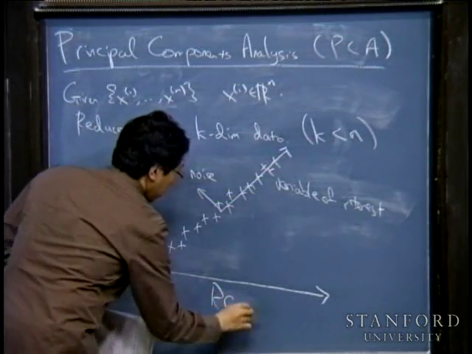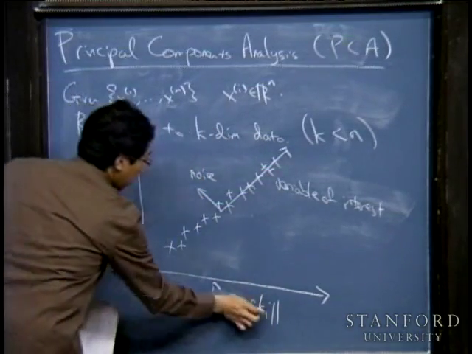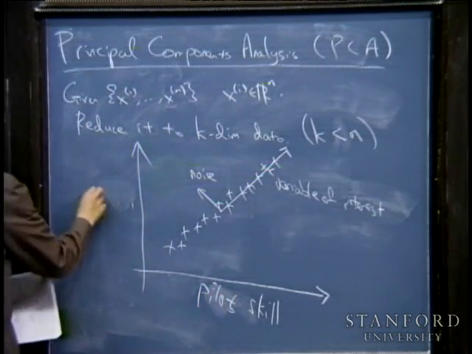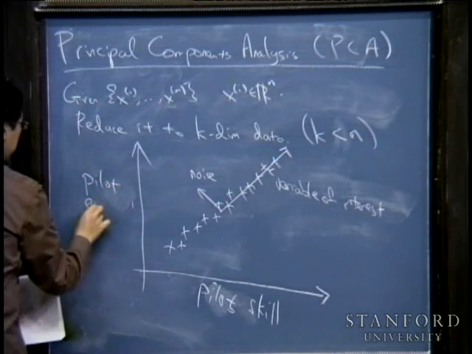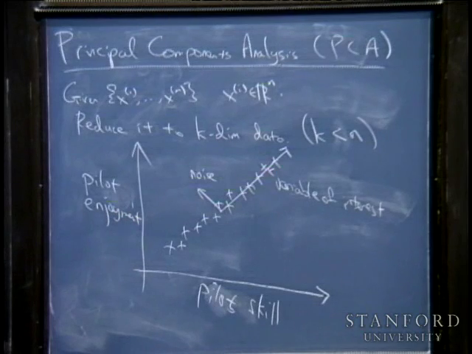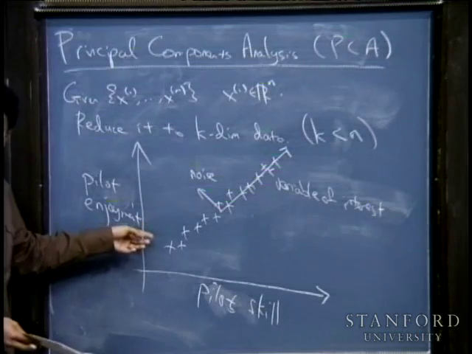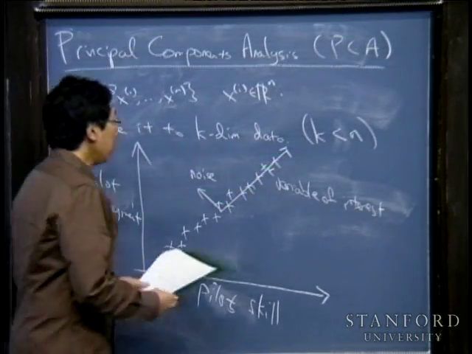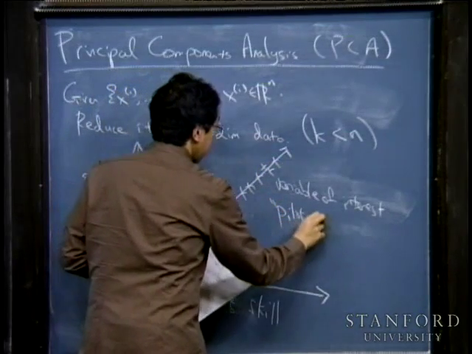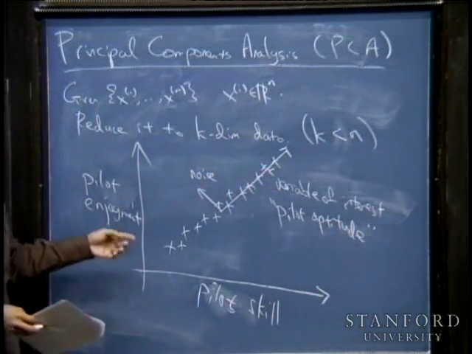Maybe one axis you have measurements of your pilot skill, of how skillful your helicopter pilot is, and on another axis maybe you measure how much they actually enjoy flying, and maybe this is actually roughly one-dimensional data, and there's some intrinsic variable of interest, which I'll call maybe pilot aptitude, that somehow determines their skill and how much they enjoy flying.